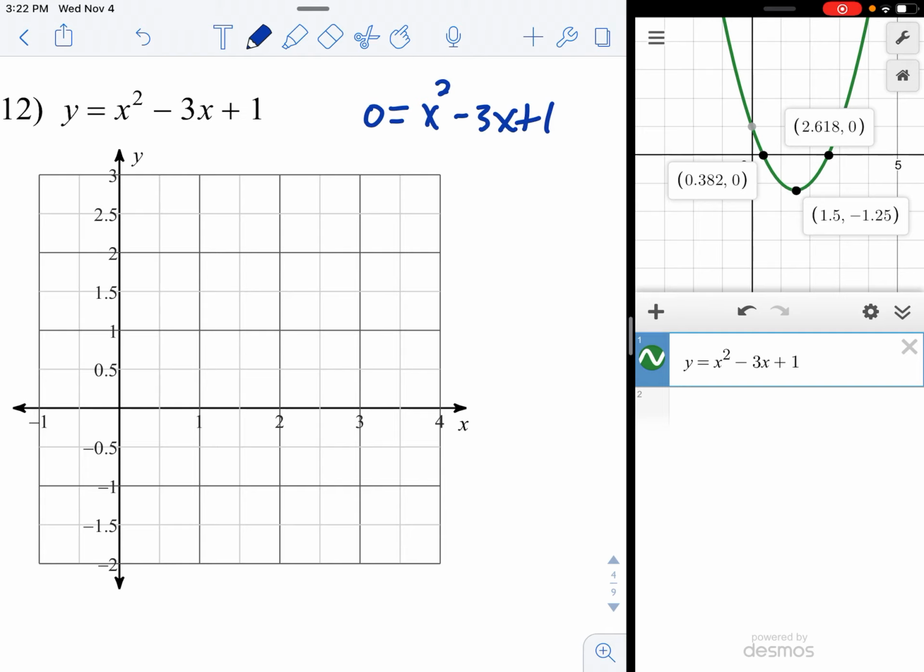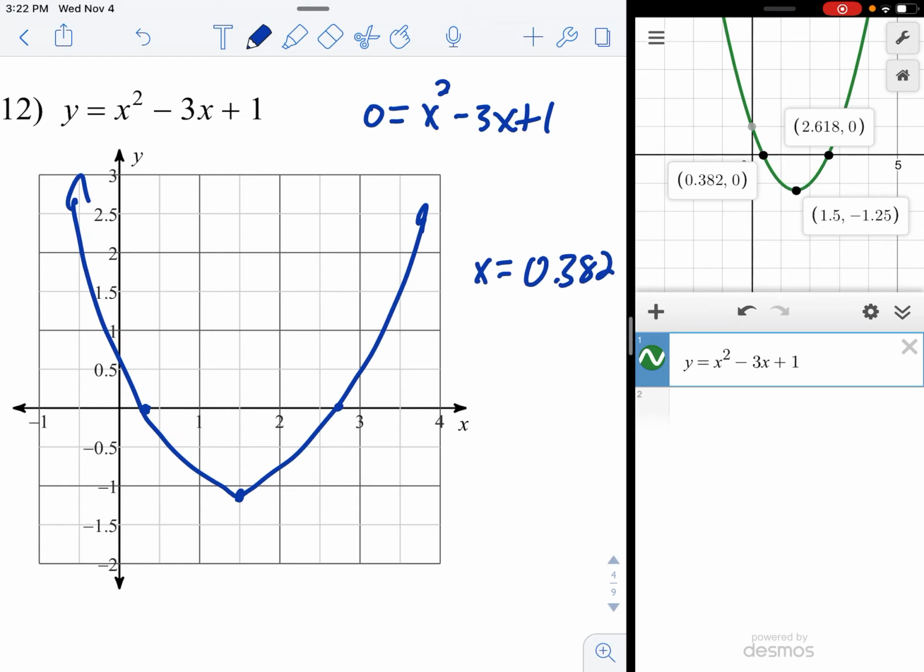So our vertex is, sorry, did that wrong, right around there. And then the x-intercepts are what? Just have to estimate, right? Here and here. And so we'll just take the rounded off values and call those our answers. 0.382 and 1.5.